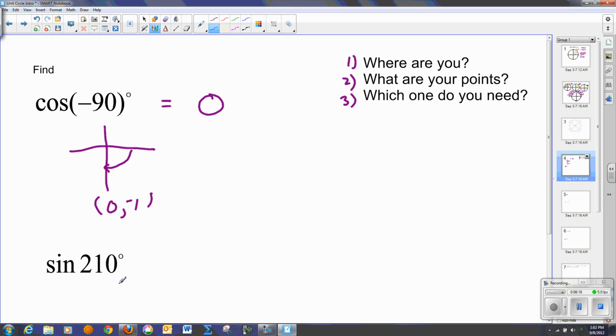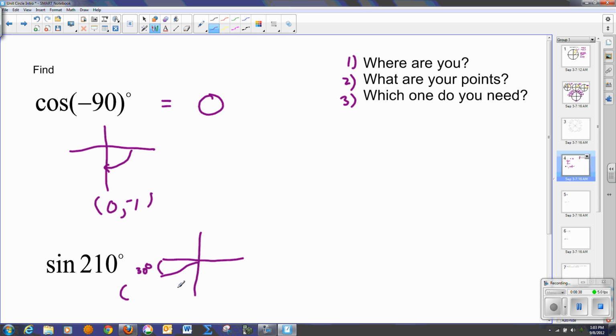Now I want to find the sine of 210 degrees, and we'll go through these three questions again. 210 degrees is in the third quadrant. At 210 degrees, I'm 30 degrees away from 180.